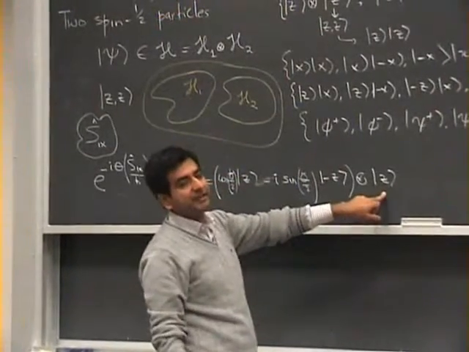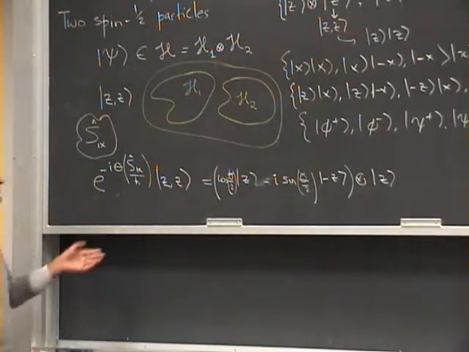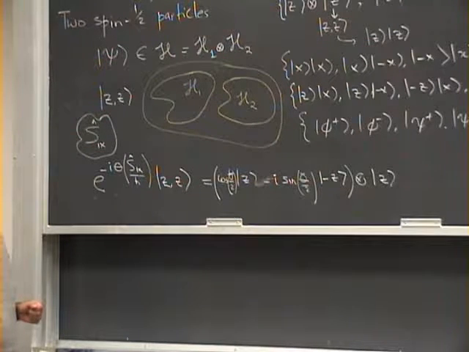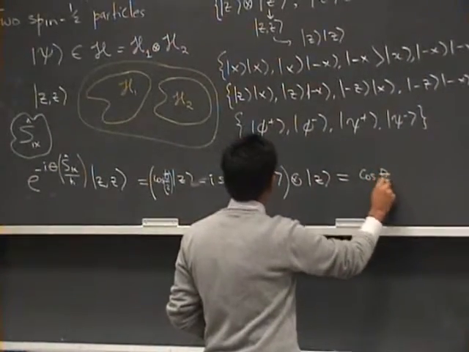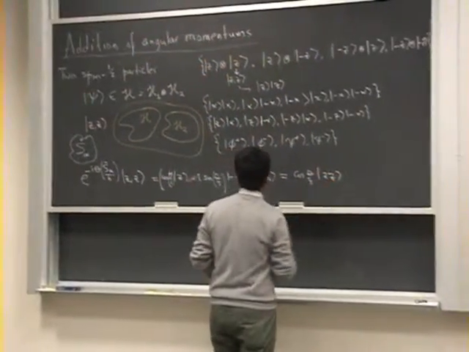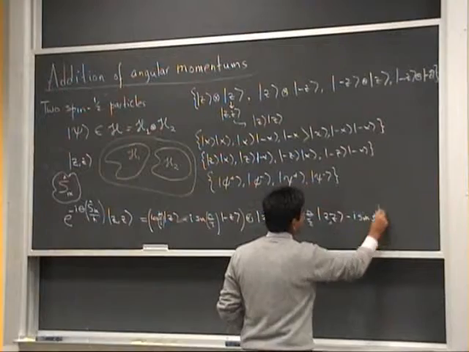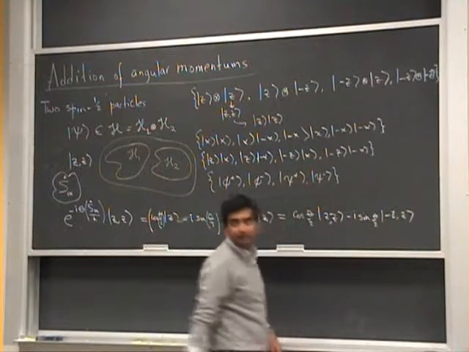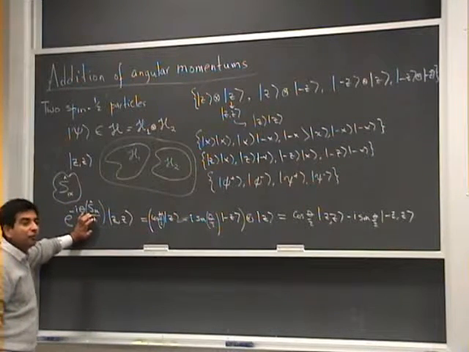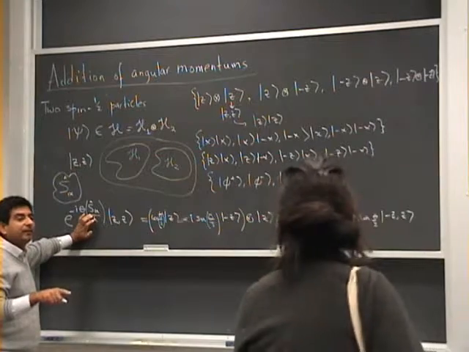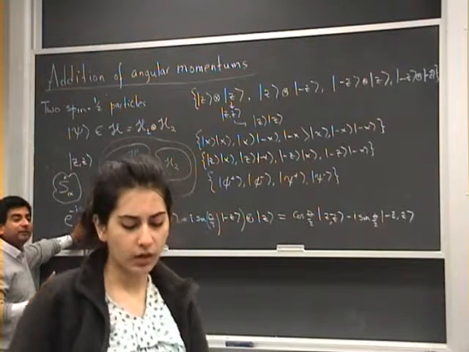So nothing happens to the second spin half system. Only the first spin half system is rotated through an angle theta by 2 in the Bloch sphere. Okay? So the new state will become cosine theta by 2 |z, z⟩ minus i sine theta by 2 |−z, z⟩. Okay? So this operator acts alone on the first Hilbert space. Likewise, we can define operators that act alone on the second Hilbert space only.